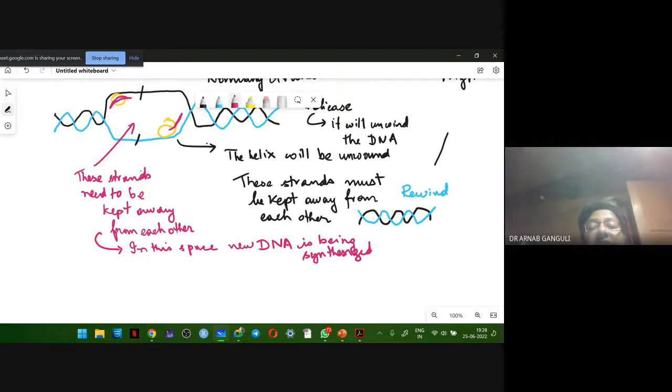If this space is not there, there will be no space for synthesis. And for that reason, proteins called SSB proteins bind.